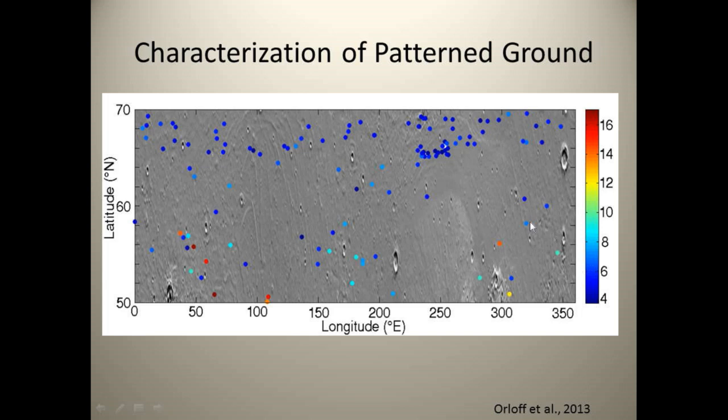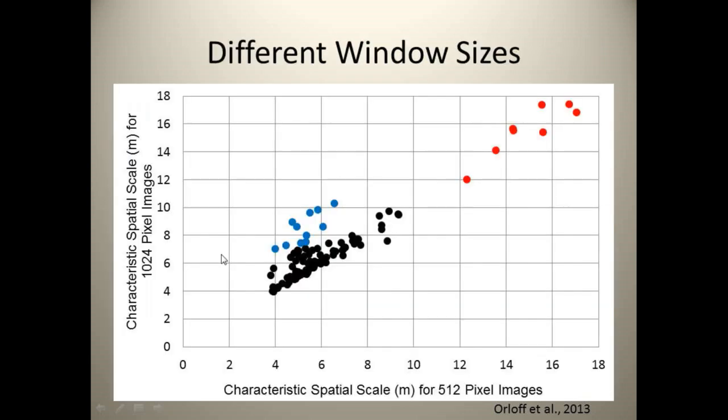And to the south of that, we have a much greater diversity of polygon sizes. And there is some possible geographic coincidence of a number of these as well, where we have much, much higher characteristic spatial scales in this specific area versus, say, over here. And we don't necessarily have an explanation for that quite yet.